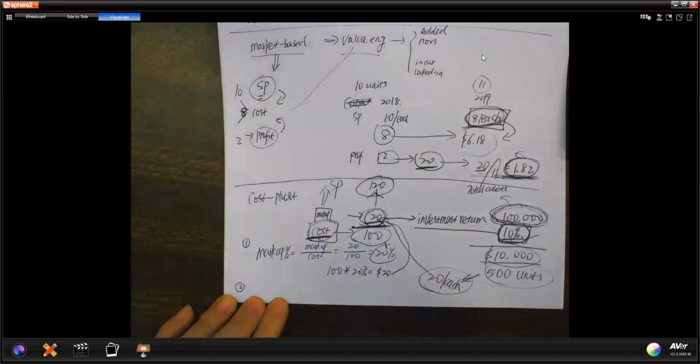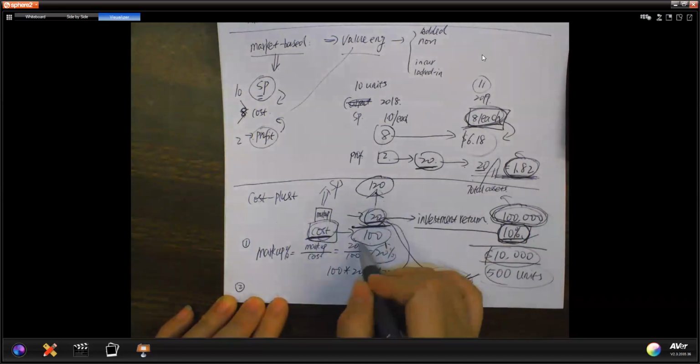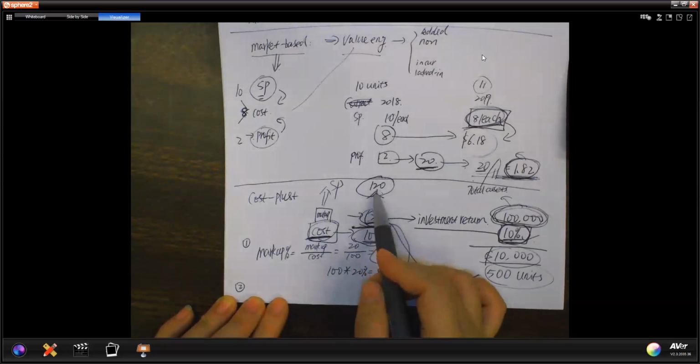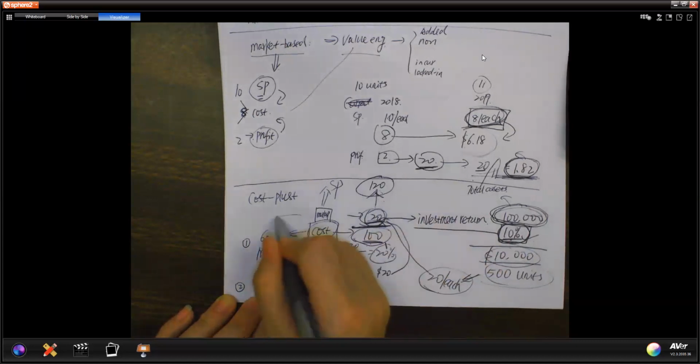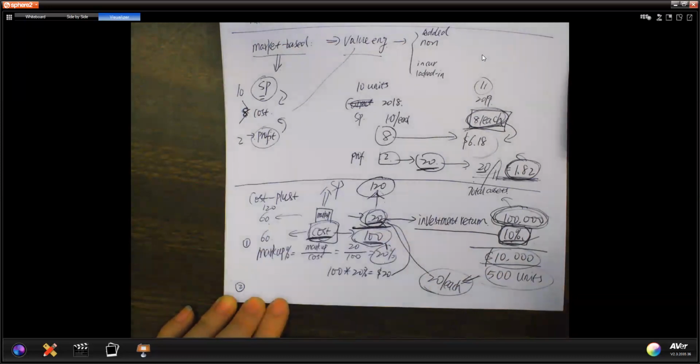If the base is small, then you have to mark up high to get a similar selling price. So if the base is 100, your markup just needs to be $20 to get 120. If the base is 60, then you have to mark up by 60 to get 120.